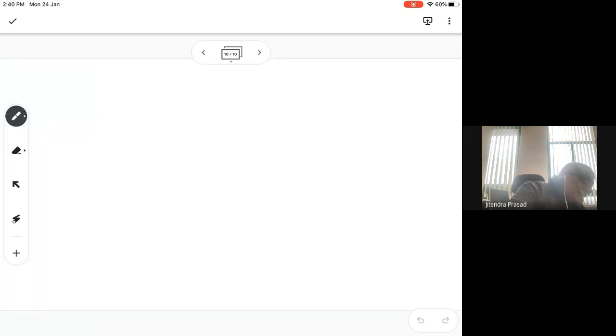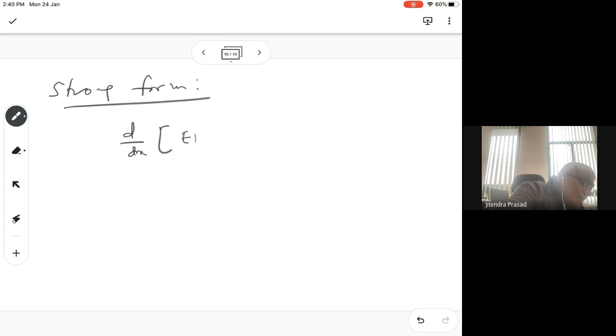Okay, so basically, the Galerkin method will have what is called a strong form, and the strong form in this case is d over dx of Ea du over dx plus bx equal to 0. This is the strong form, and there is an equivalent weak form.